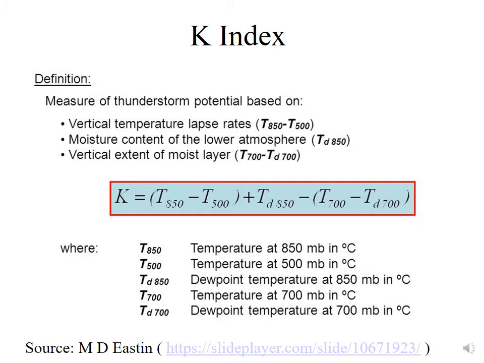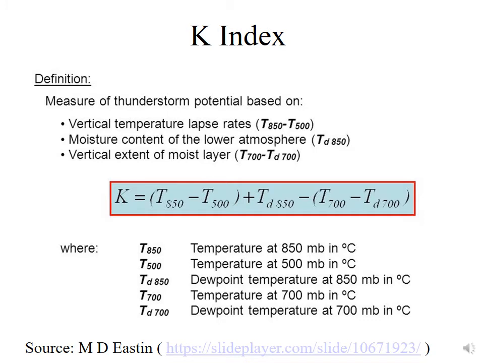So the first term is looking at the instability, the second term is looking at moisture, and the third term is looking at how deep that moisture layer actually is. Does that layer extend from 85 kilopascals up to 70 kilopascals? So you have these three different terms. You have the instability term, which is the temperature at 85 minus the temperature at 50 kilopascals.